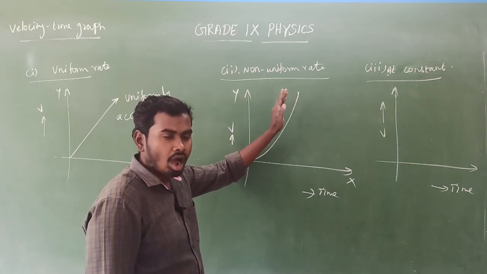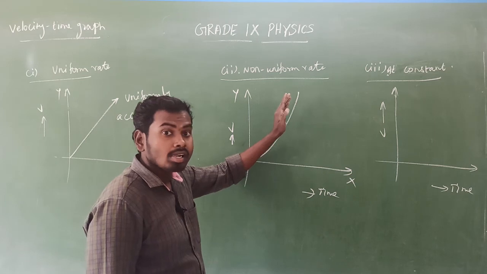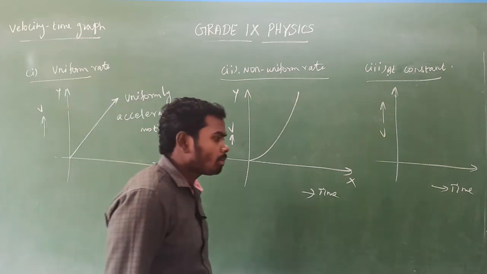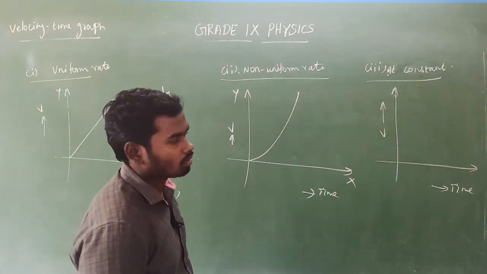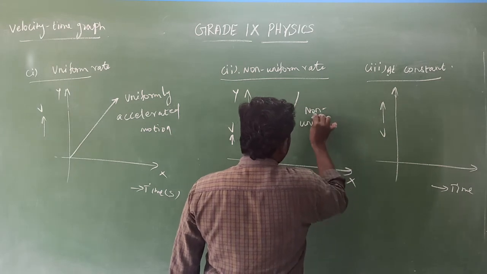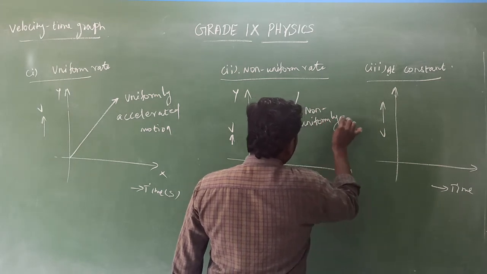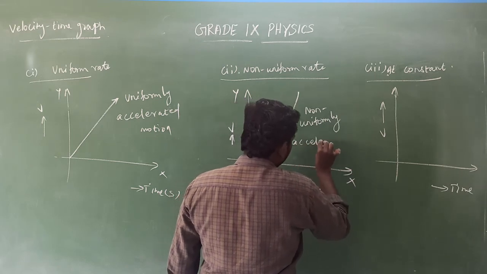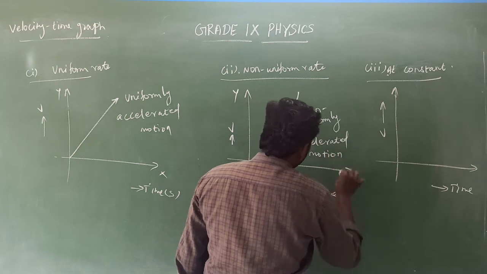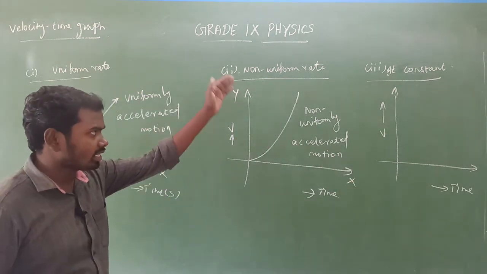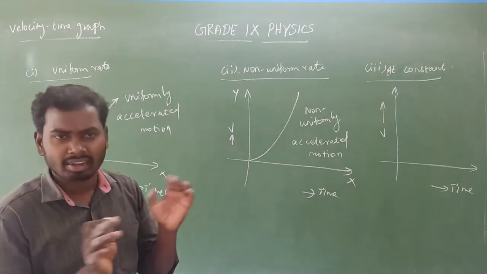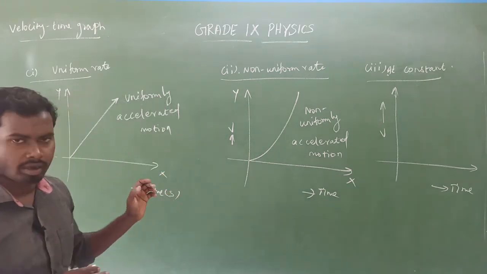The opposite to that one: non-uniformly accelerated motion. That is also accelerated motion because velocity increases, but at a non-uniform rate. That's all.